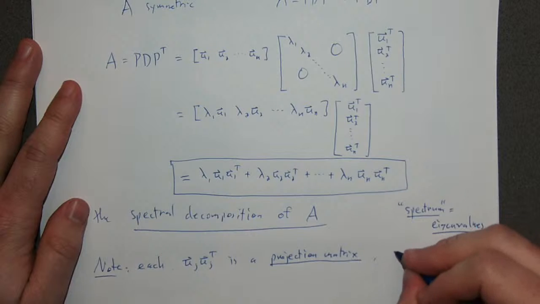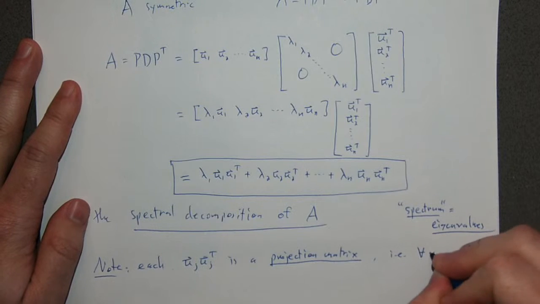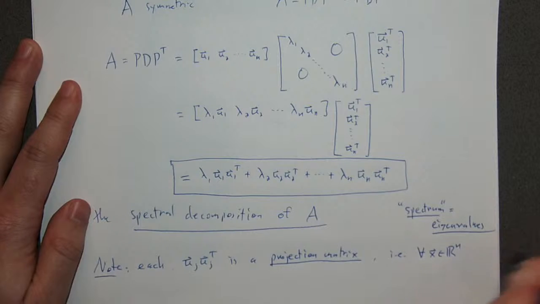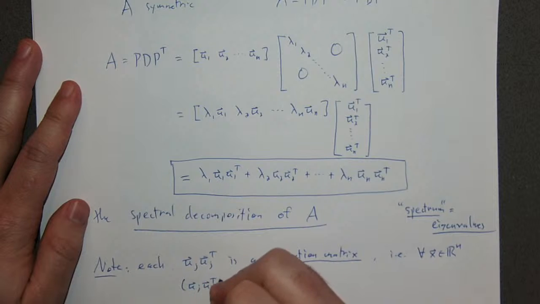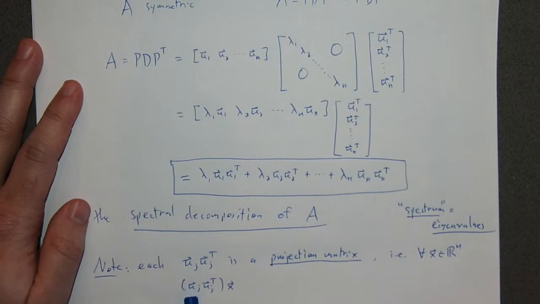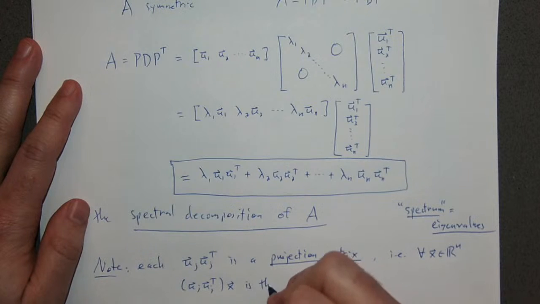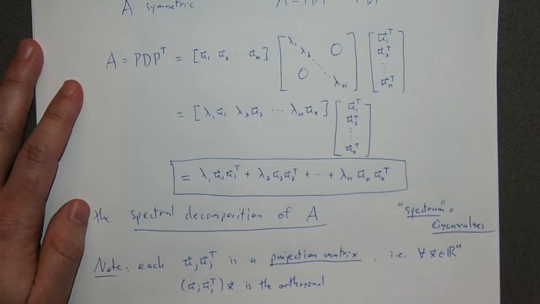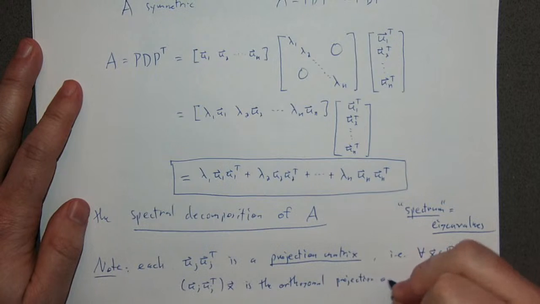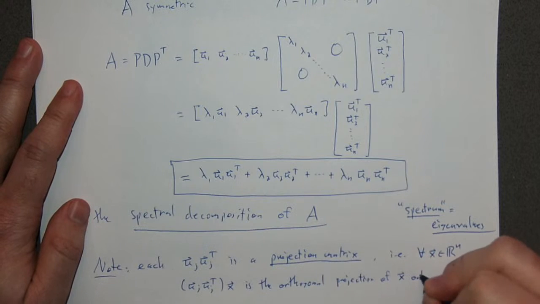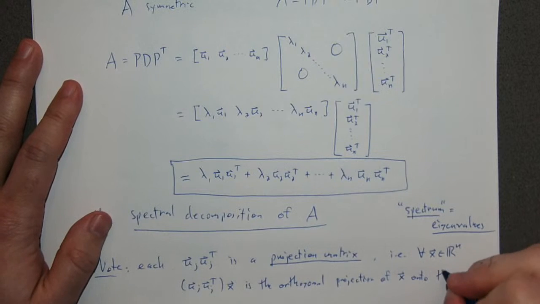What that means is that for every vector x in Rn, if I multiply x by this matrix Uj Uj transpose, and define the transformation of Rn given by this as its standard matrix, this is the orthogonal projection of x onto the subspace spanned by Uj.